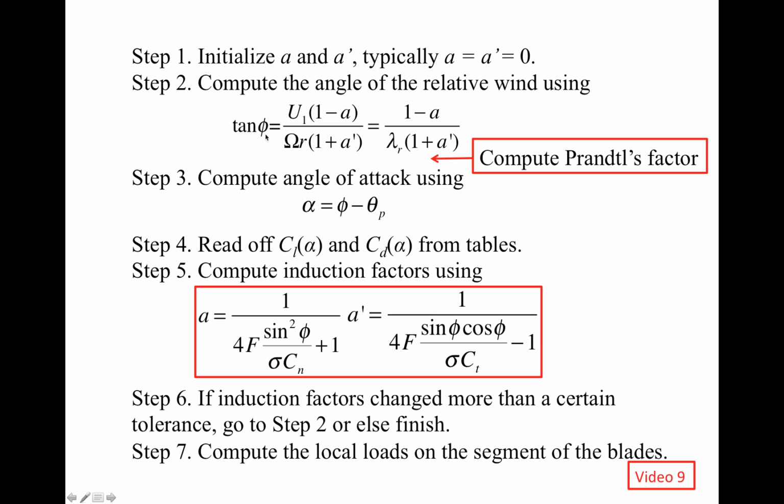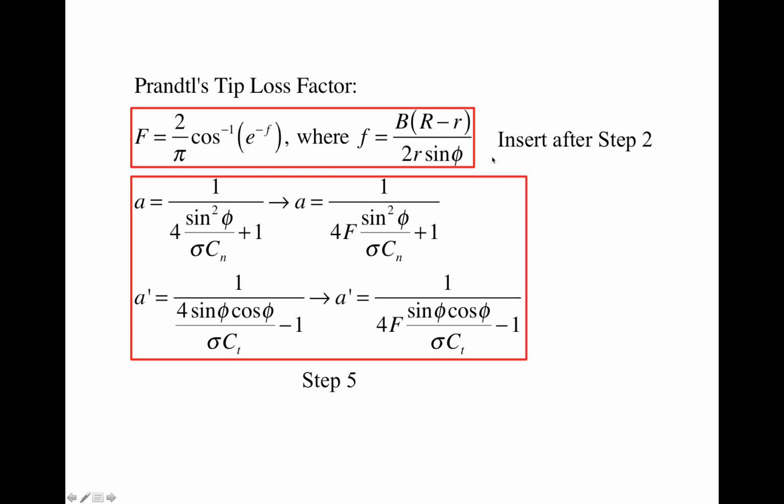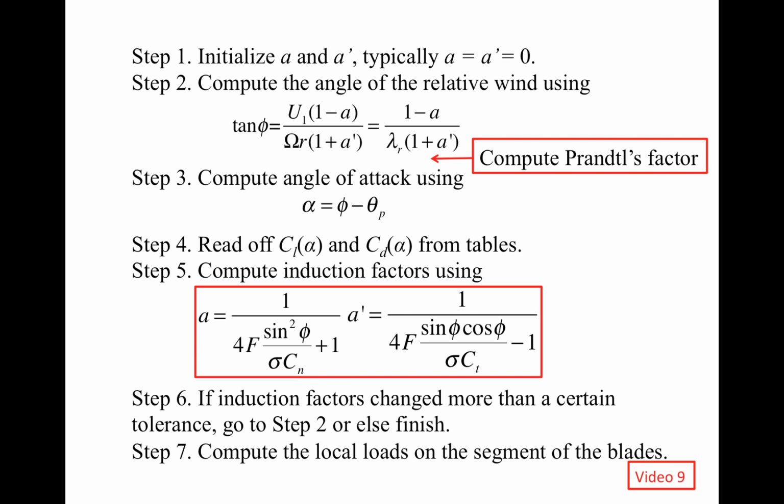So Prandtl's tip loss factor can be computed right after the second step, after we have finished computing the angle phi, because Prandtl's factor only depends upon phi. For a given ring with a certain radius, r is fixed. Capital R is the radius of the entire rotor disc, that's the radius of the tip of the blade, basically.